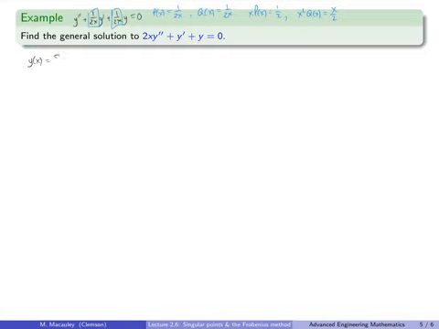So that's y of x equals the sum from n equals 0 to infinity of a n x to the n plus r. Now I like to put the r inside. I strongly recommend doing that. It just makes it easier when you take the derivative.